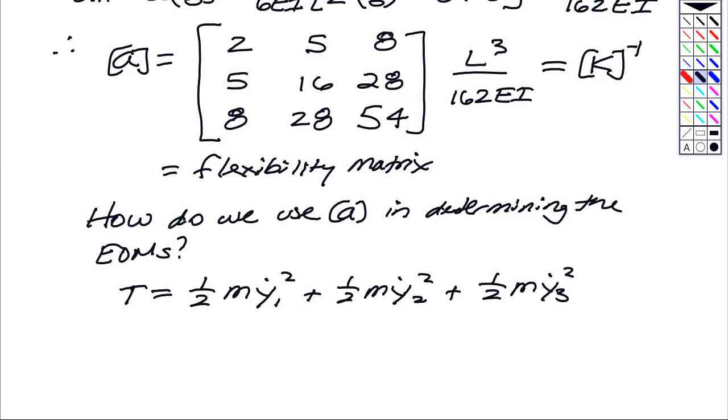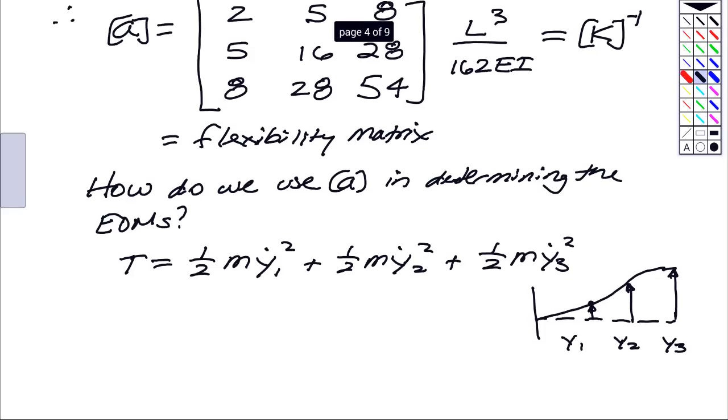So let me maybe draw a picture of that just to make sure that we understand what that means. For a general deflection of this beam, the dynamic response of the beam, whatever that ends up being, at location 1 is y1, at location 2 is y2, and the dynamic deflection at 3 is going to be called y3.